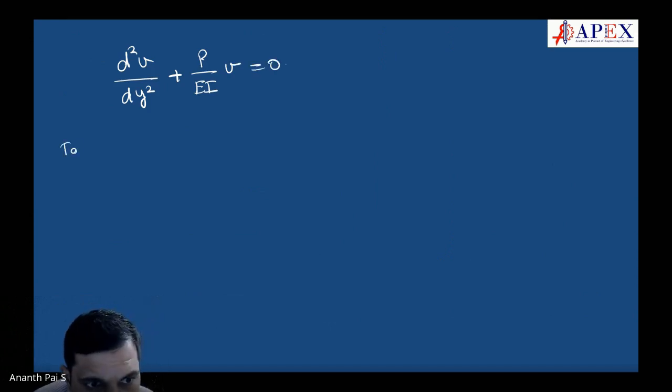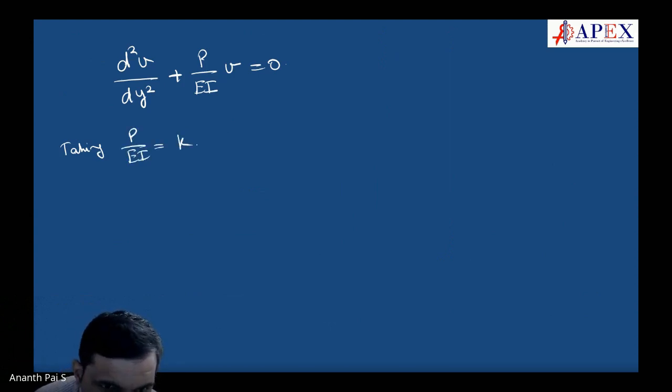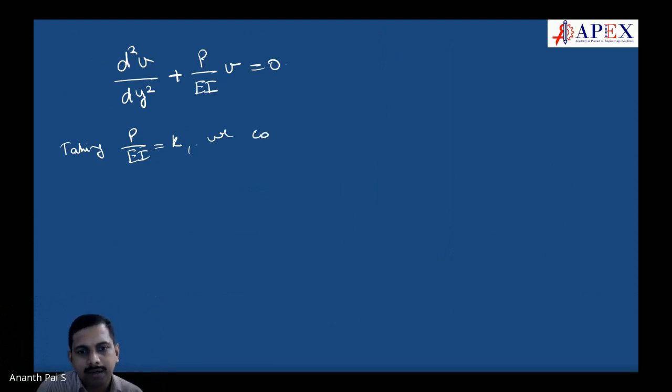Taking p by EI is equal to small k, we can write k square, or p by EI is equal to k square.